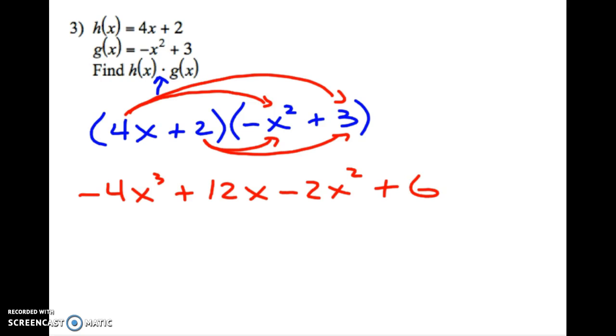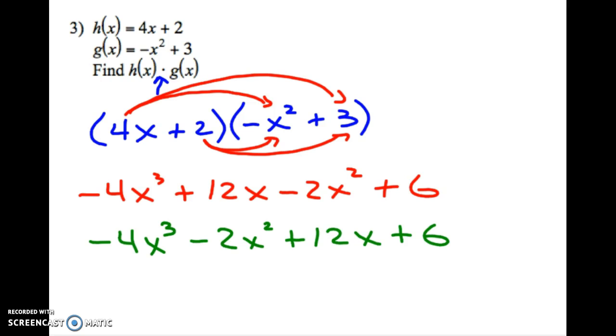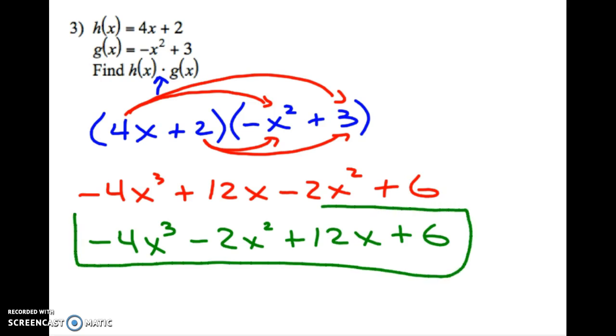At this point, to write it in standard form, we list the minus 4x cubed first, minus 2x squared second, the 12x would go third, and the plus 6 would go at the end. And that is all for that one.